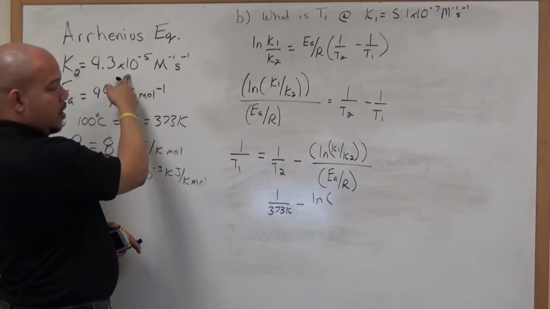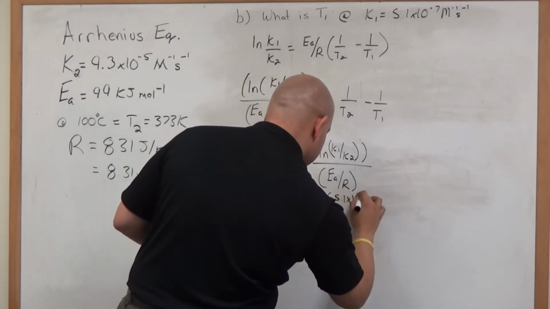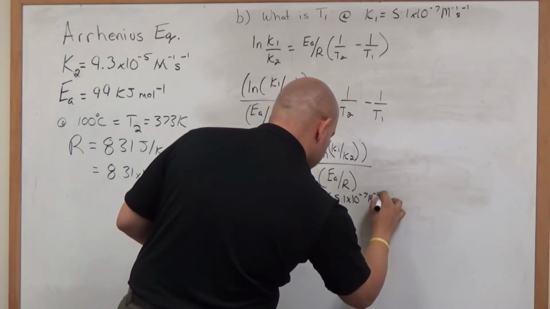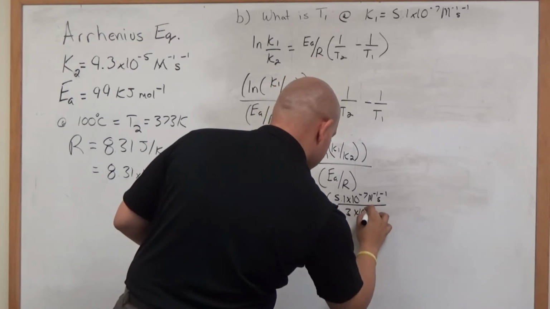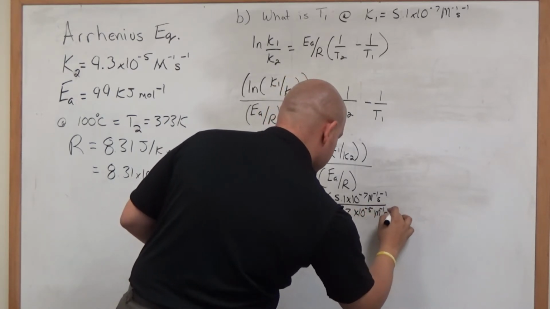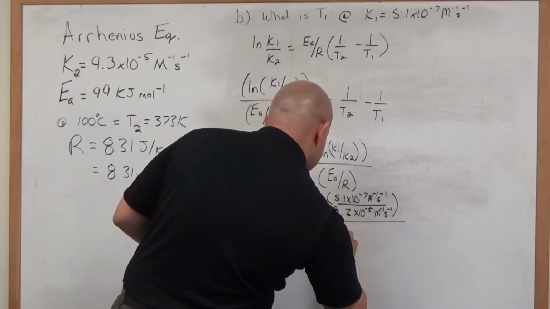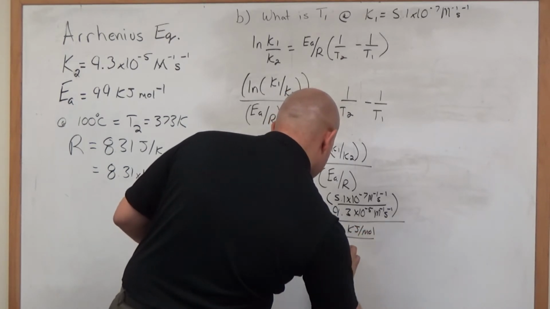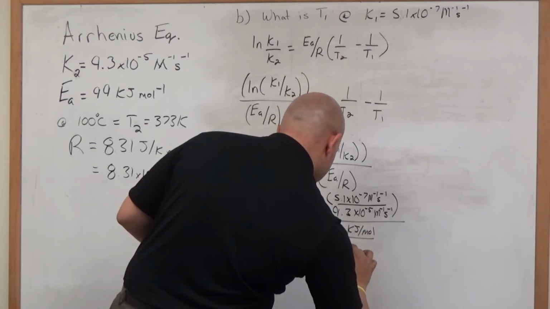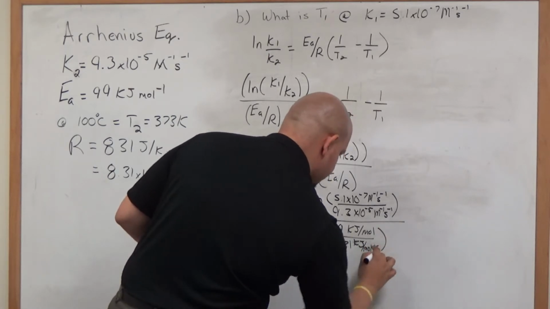So we have K1, 5.1 times 10 to the negative 7 molar seconds all over 9.3 times 10 to the negative 5 molar seconds all over 99 kilojoules per mole all over 8.31 kilojoules per mole Kelvin.